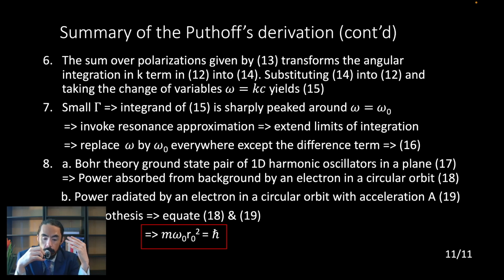So by Boyer's stochastic electrodynamic hypothesis, we then equate equations 18 and 19, and it is that final step which leads to the equilibrium relation which is being sought, which is m times omega naught times lowercase r naught squared equals h bar.